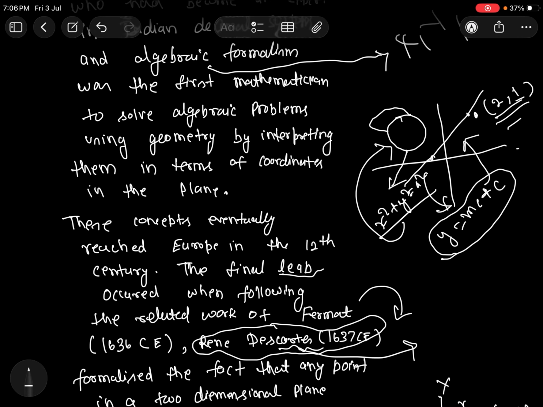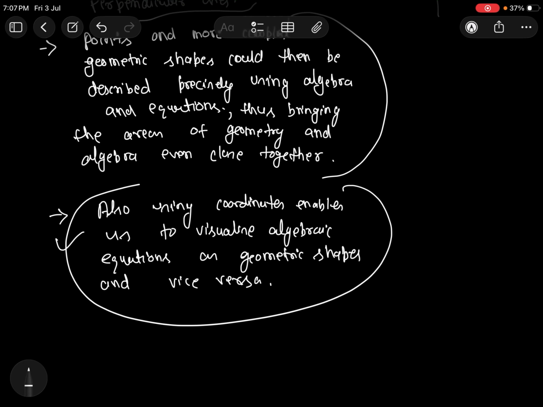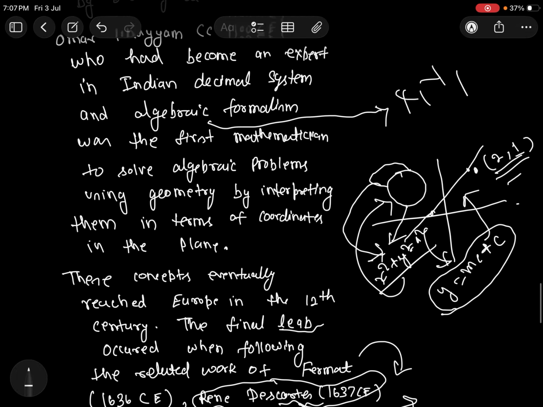Also, the last thing of the brief history: using coordinates enables us to visualize an algebraic equation as a geometric shape and vice versa. By the use of an algebraic equation, we can make a geometrical shape, and by the use of a geometrical shape, we can develop the algebraic equation. So this is the brief history.